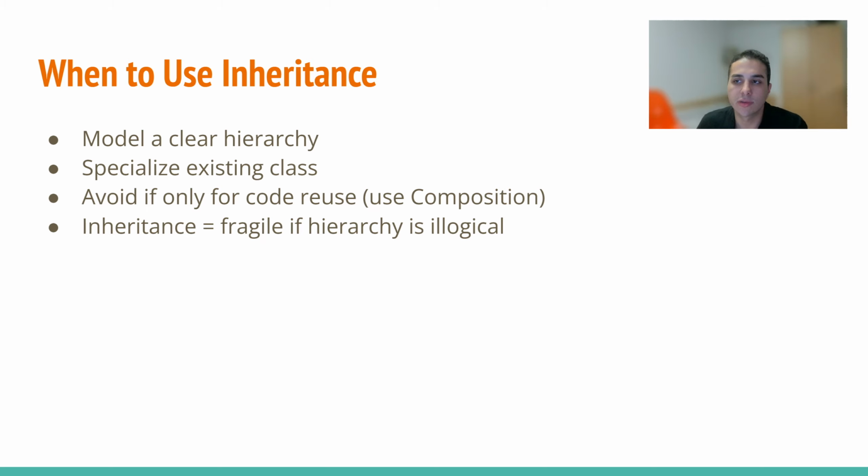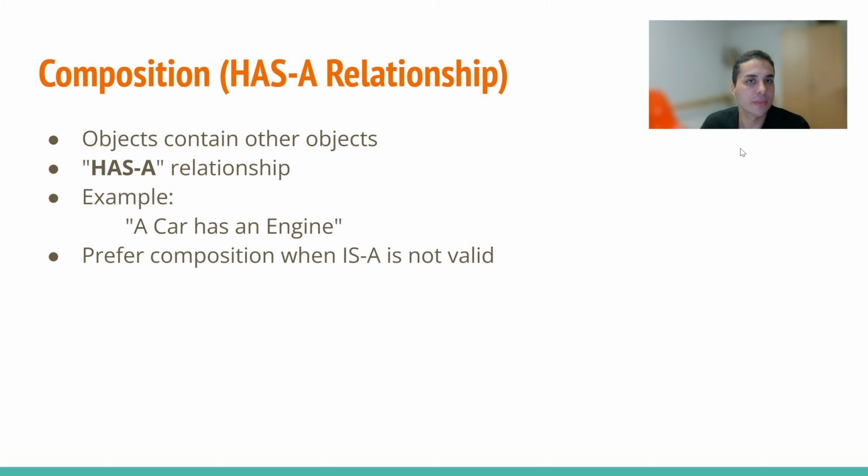The point is not just to use the same code, but to use the same idea, at least the same base. Then we will have a has-a question, the same as is-a, in the next slides. Overusing inheritance can lead to a fragile design if the hierarchy doesn't make logical sense. So this is what we need to focus on.